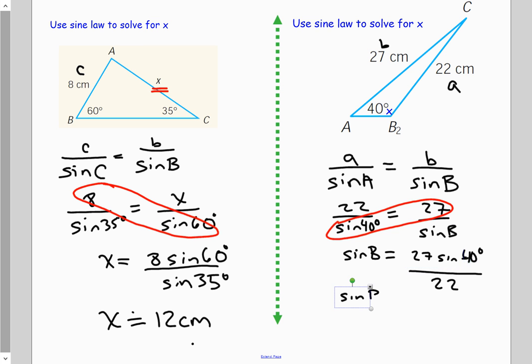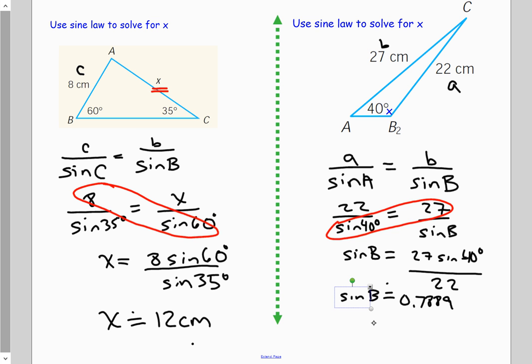So sine B, when you type that all into your calculator, 27 times sine 40 divided by 22 is approximately 0.7889. So what I've done is I've rounded to 4 decimal places. That's the standard when you're using trig ratios on your calculator.